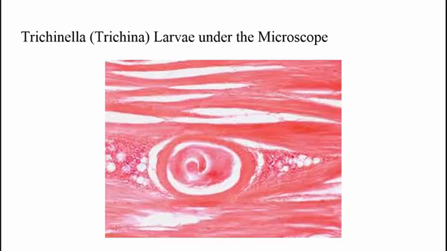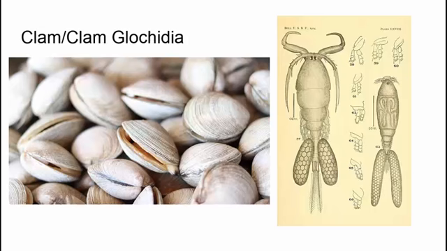Then we have what's called trichina larvae, and trichina is another kind of worm. Worms are classified as organisms called helminths. This worm is encysted, so it's formed a cyst. You can see the outside around it, and there's the actual worm inside of a piece of muscle tissue. I'll let you guys come to the conclusion as to why that would be a parasitism.